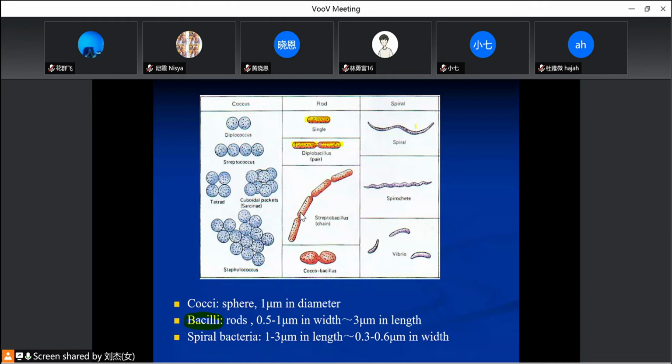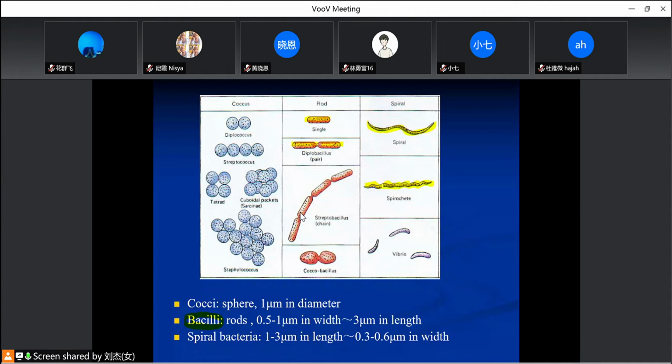And the third one, which has a curved shape, is called spiral bacteria. Spiral bacteria also have different shapes. Some of them are just like the horn of a buffalo or a cow, right? Some of them are like a DNA helix. You know DNA, right?